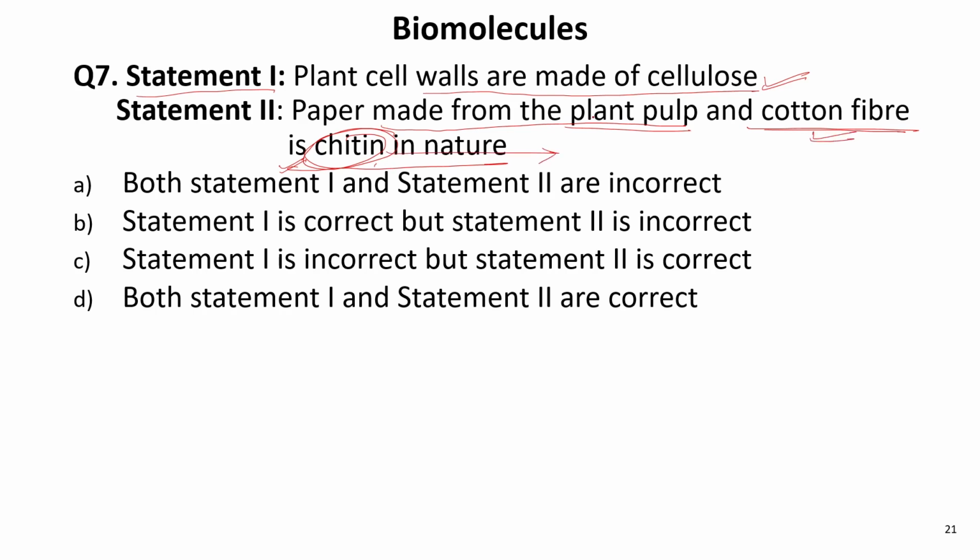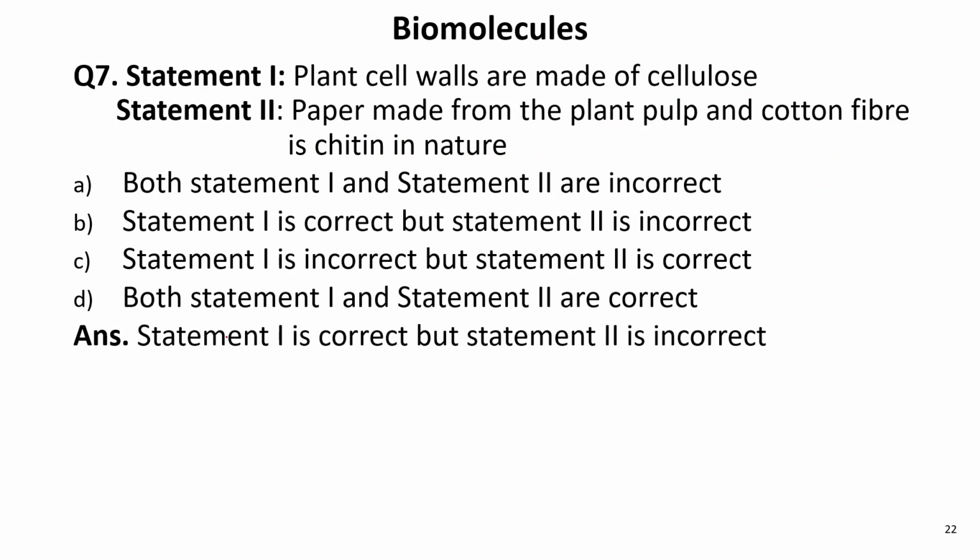Chitin is present in the exoskeleton of crustaceans and insects, as well as the cell wall of fungi. So this statement is totally incorrect. So statement 1 is correct, but statement 2 is incorrect.